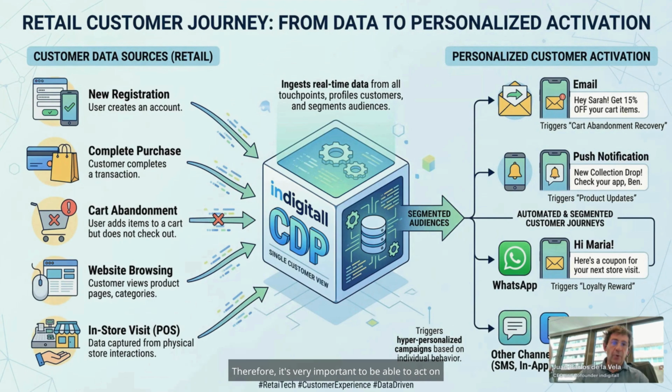Therefore, it's very important to be able to act on this data, to take actions on it through different communication channels. I repeat, it's not just email, it's not SMS, because with SMS, as I say, there's more and more fraud and more distrust by users in it being a secure channel where you click on a link that comes inside an SMS.